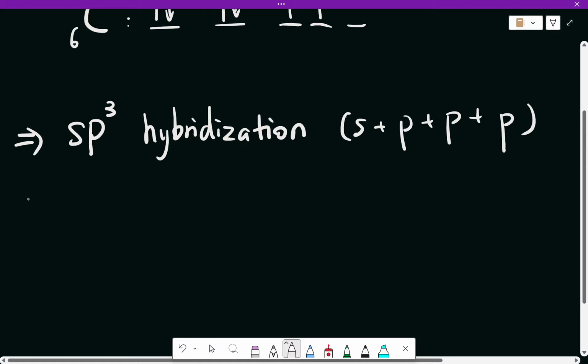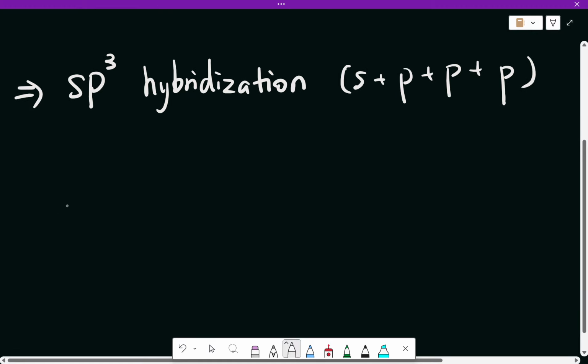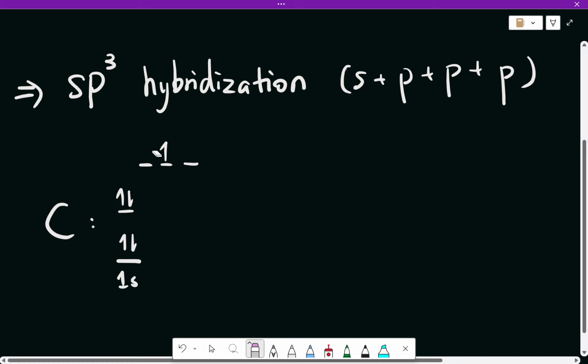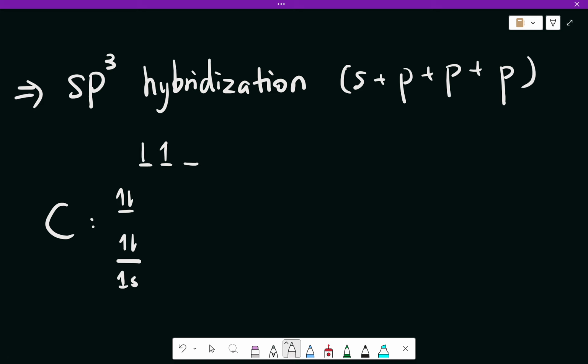So for example, with carbon, we would draw it bottom up. We would have 1s here, 1 up, 1 down, 2s, 1 up, 1 down, and 3 p's, 1 up and 2 up. So we have 2 half-filled orbitals right here.